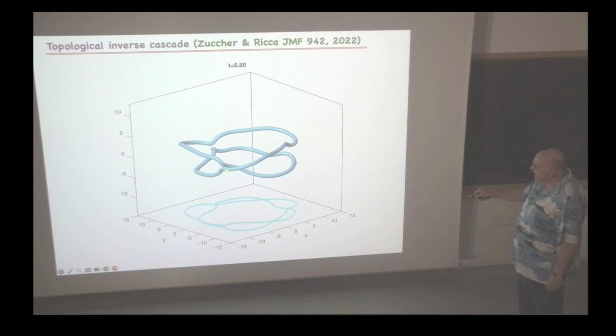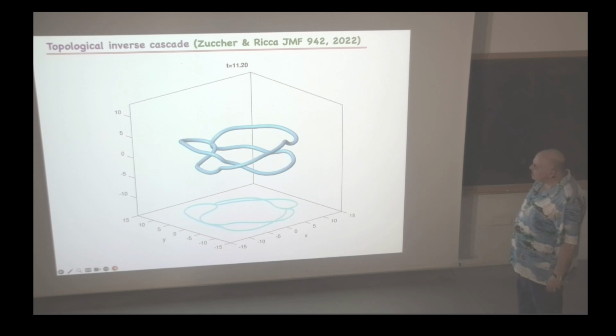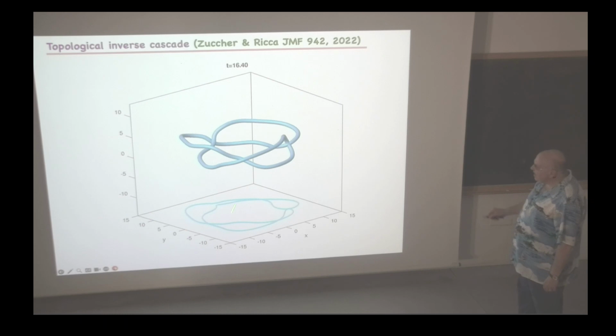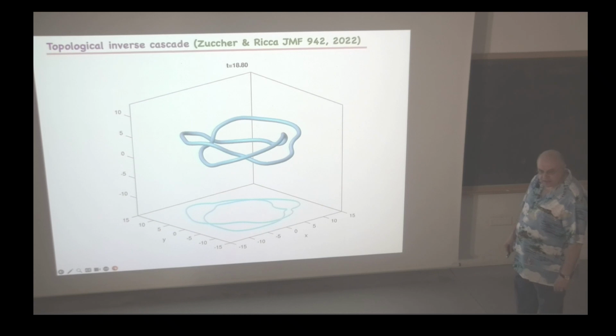It means we have the production of one filament, a Hopf link in a moment. Okay, here is a Hopf link, one inside the other, and then a further reconnection. And there we have it. Wait a sec here. Okay, this is a trefoil knot formed.